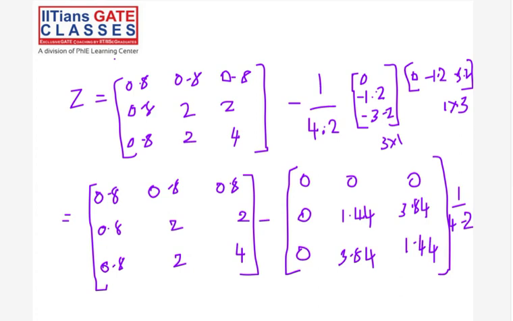So what would that be? 1.44 divided by 4.2 is 0.342. Okay, this is 0.342.